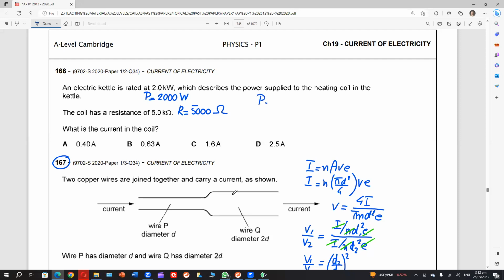So we can use power is equal to I square into R. I square is equal to P upon R. I is coming at 0.63 ampere.